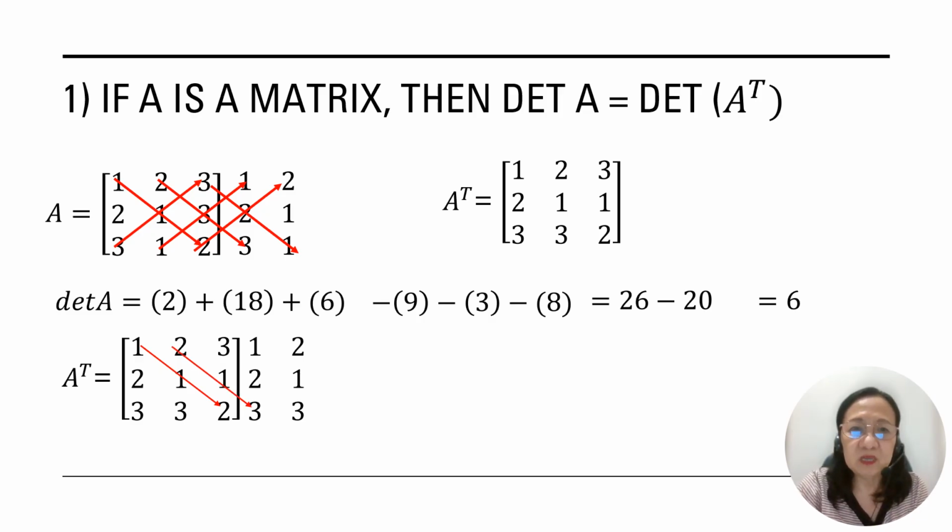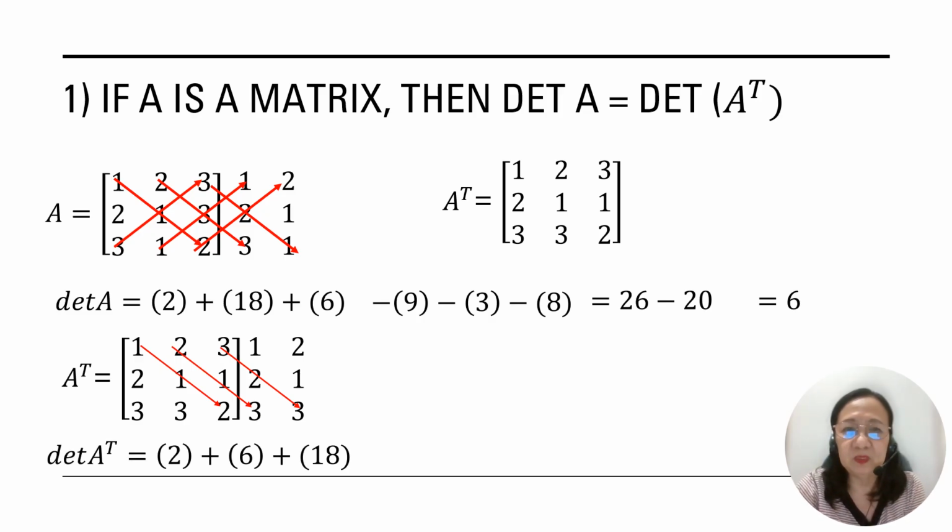And then 2 times 1 is 2, times 3, we have 6. Then 3 times 2 is 6, times 3, that is 18. Next is 3 times 1 is 3, times 3, we have 9. Then 3 times 1, that is 3. Then 2 times 2 times 2, that is 8.